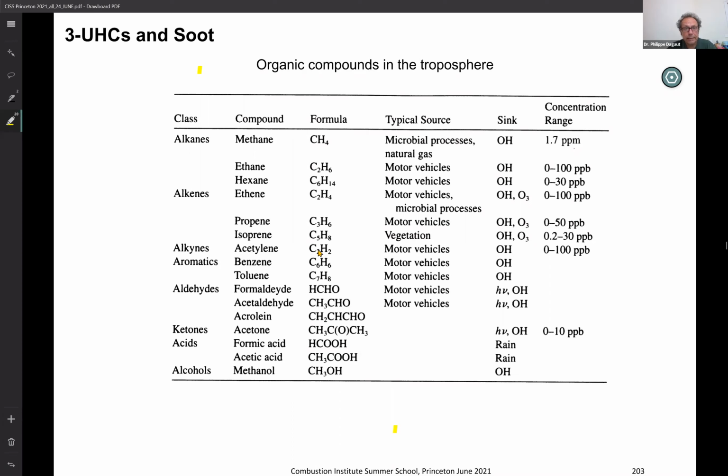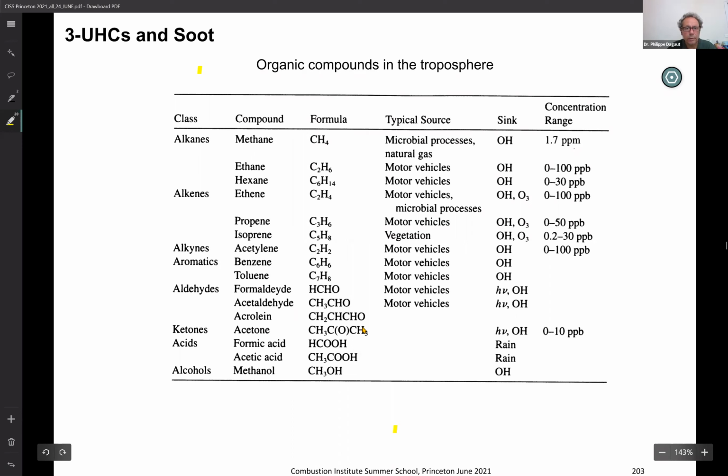Acetylene is emitted mostly by motor engines. Benzene and toluene are the same. The alcohols, formaldehyde, and acetaldehyde are about the same. Acrolein can be produced by biomass burning.